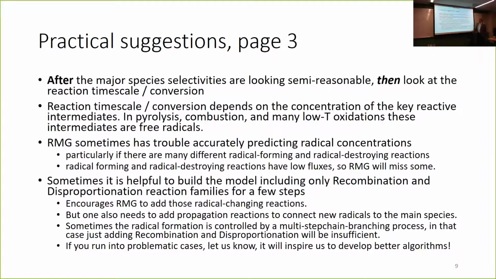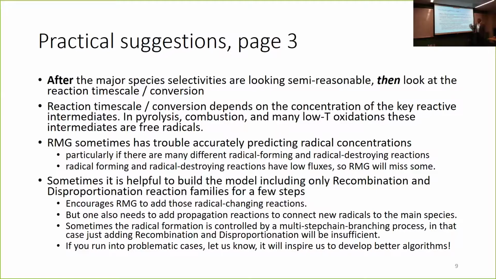In many of the systems we do, pyrolysis, combustion, low temperature oxidations, it's controlled by free radical intermediates, but the free radicals are being formed by some chemical reactions and destroyed by others, and their steady state concentration is some complicated balance between formation and destruction. RMG has to estimate the formation rates and the destruction rates correctly in order to get the steady state right, and RMG has a lot of trouble getting that right. So very often you're going to be off in these.